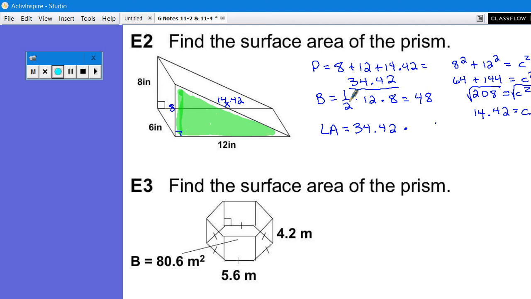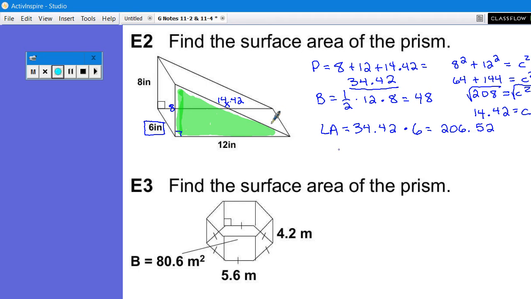Height means the distance between the front and the back in this case, because those are our two bases. We're talking about the distance between this triangle in the front and the triangle in the back. So the number that is going to represent our height here is going to be the 6. So we're going to be multiplying 34.42 times 6, which is going to equal a lateral surface area of 206.52.